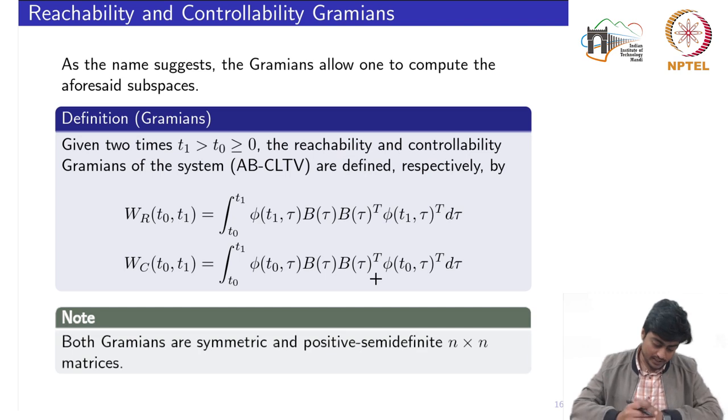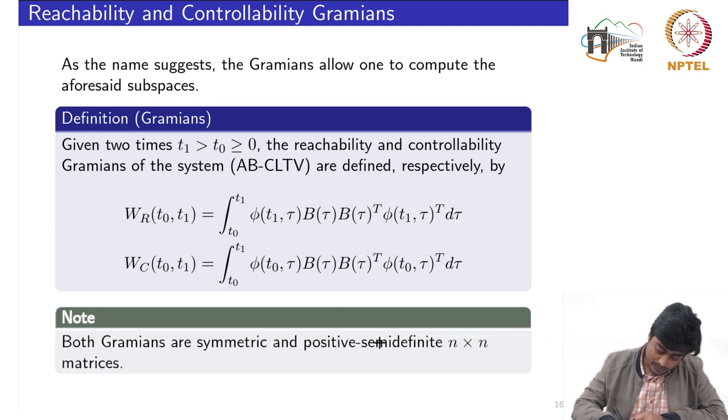There are two properties associated with it: both gramians are symmetric and positive semi-definite. Note this point, positive semi-definite, because we will define one key result later with respect to linear time varying systems. So WR and WC are square matrices of dimension n cross n.